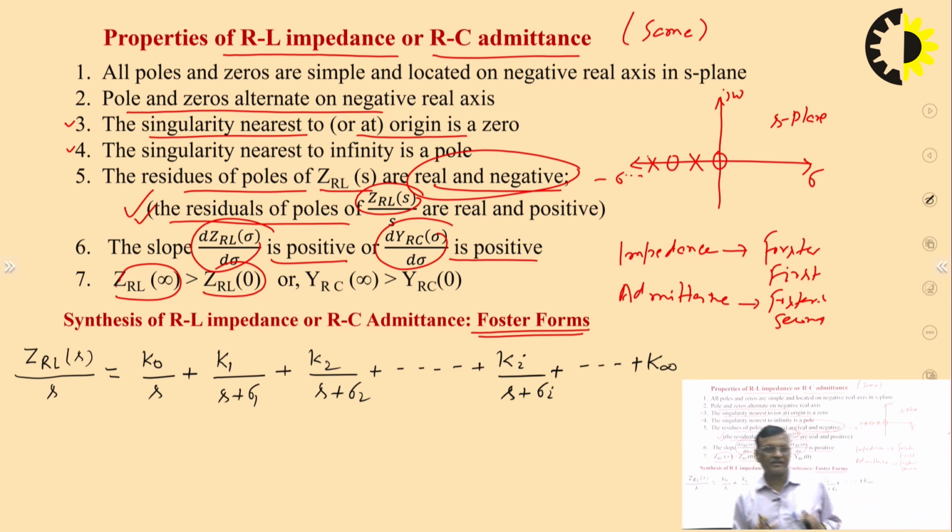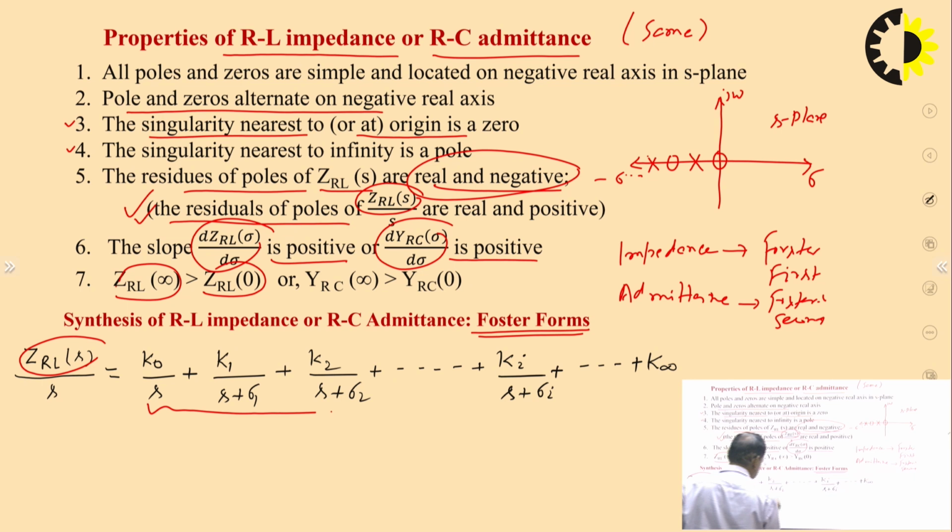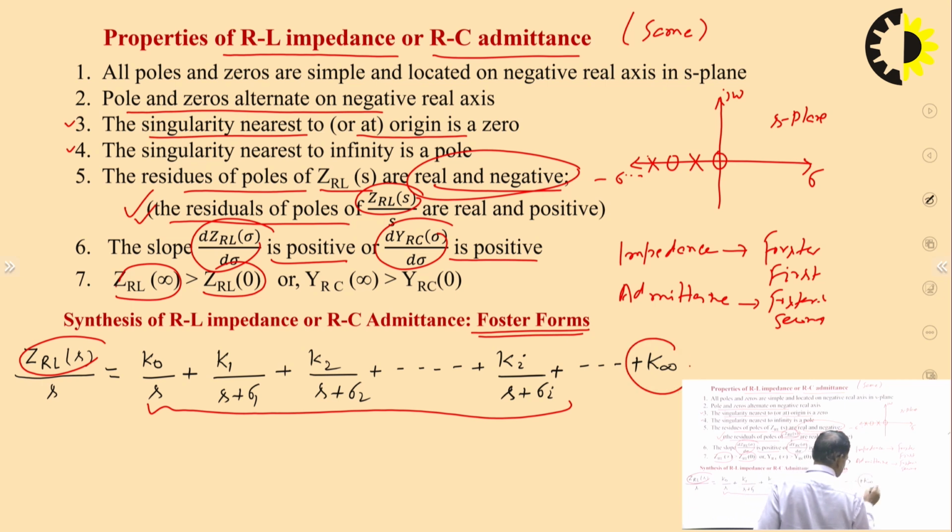And what are the techniques? Technique is same. We go for the partial fraction expansion. So if the given function is ZRL, what we do? Divide by s and then carry out the partial fraction expansion, and we get this form. So what are these constants? This is the removal of a constant.